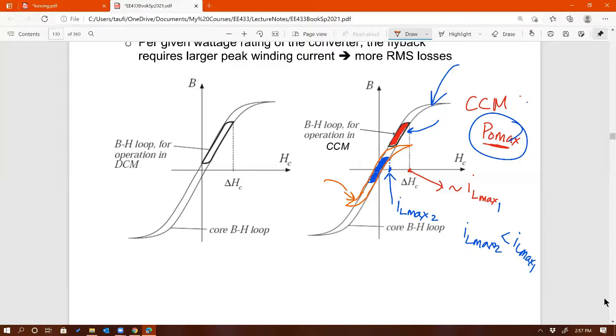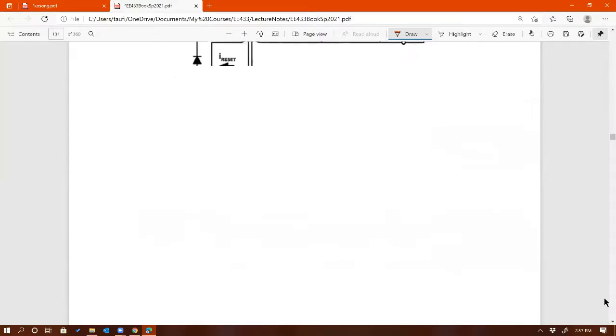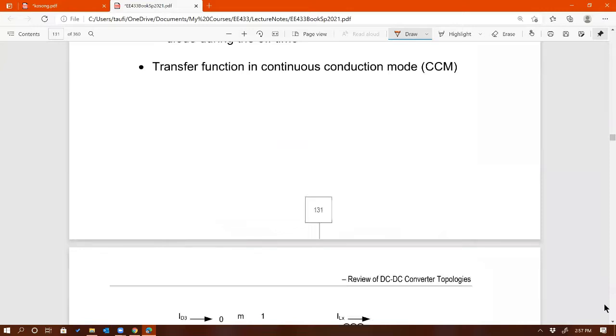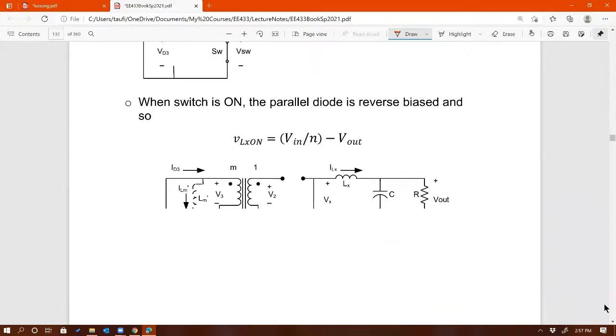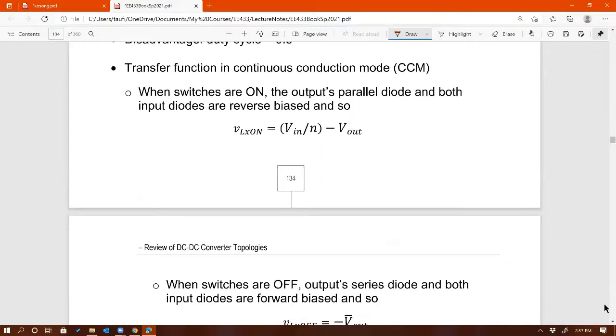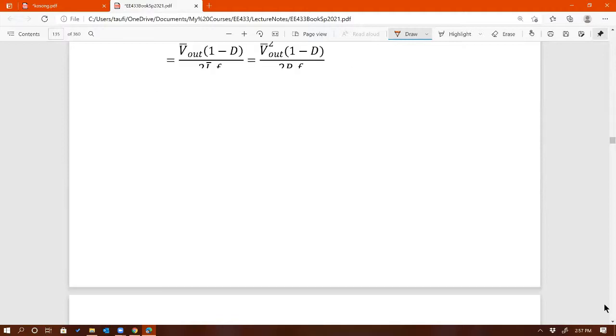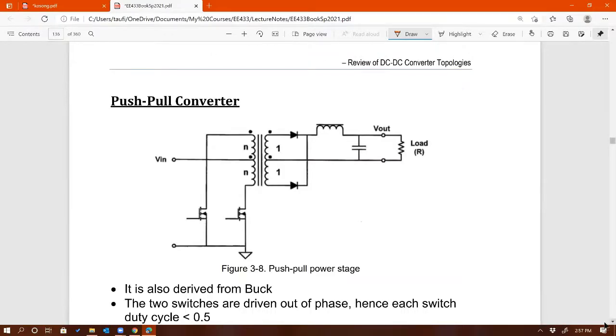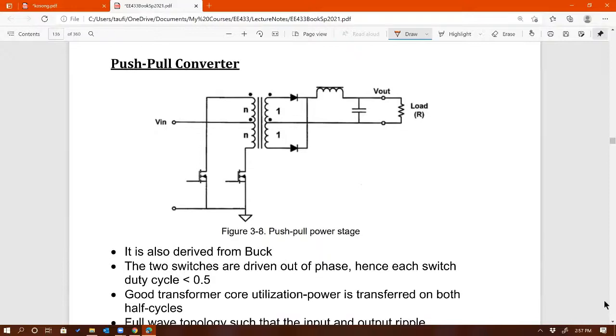Okay, now I'm going to skip ahead, because it's the same thing for that one, just to answer Uriah. Is it the one who asked earlier? Yeah, let's look at push-pull, for example. When I turn on switch 1, current flows through the first switch right there, so the current in that inductor is positive.